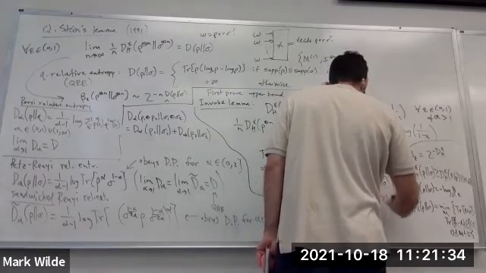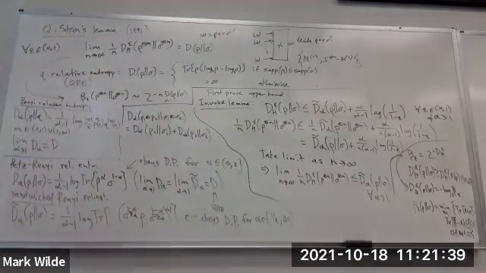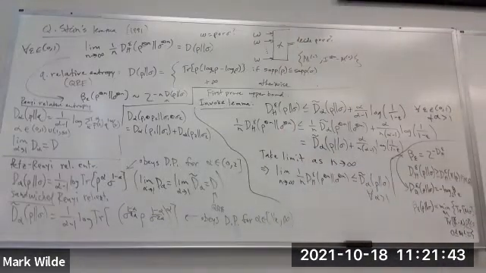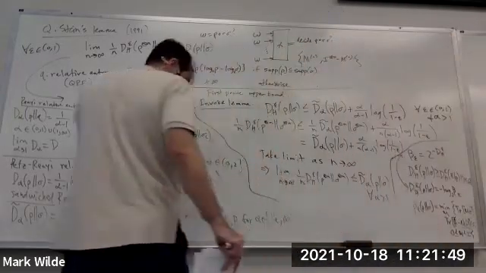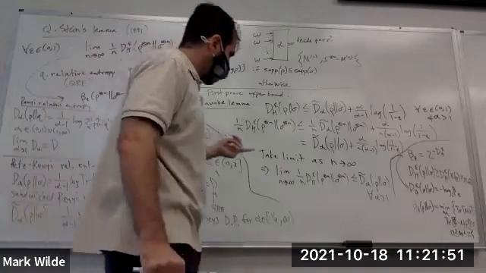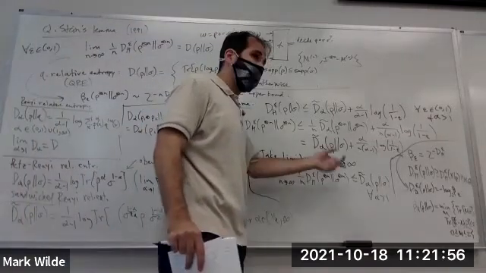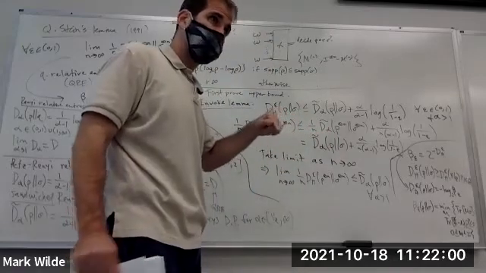And this inequality holds for all alpha strictly greater than 1. Okay? So that's a very strong statement. Since it holds for all alpha greater than 1, we're allowed to take the limit as alpha goes to 1. Okay?